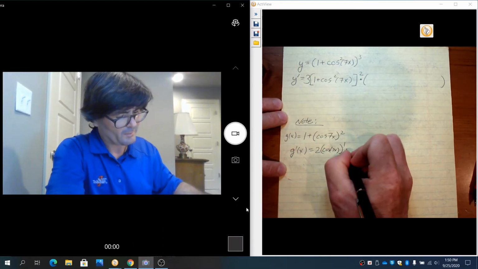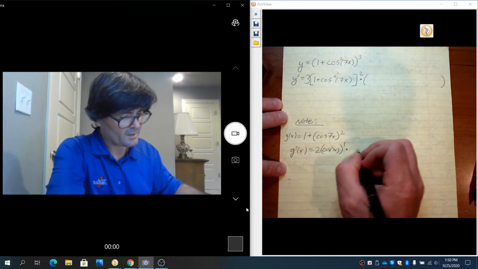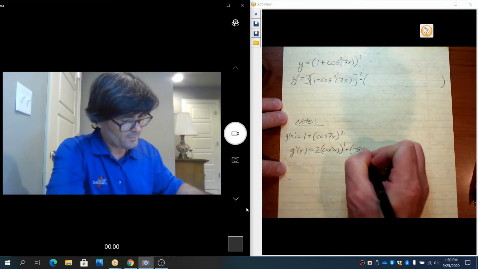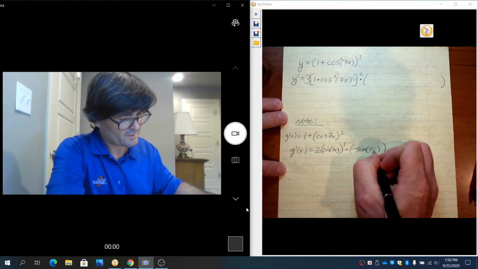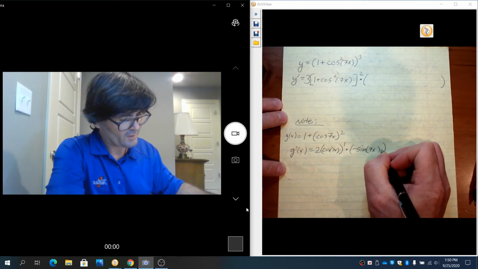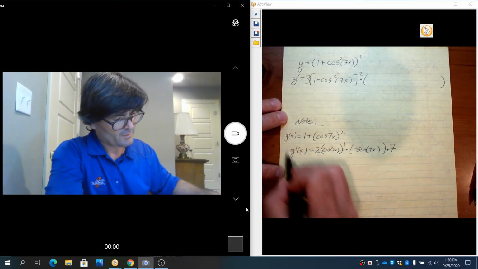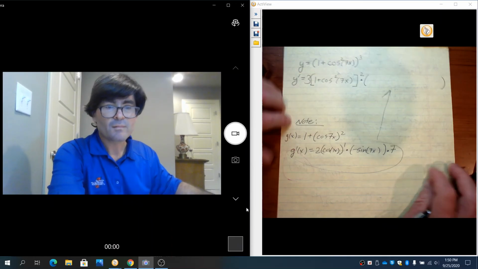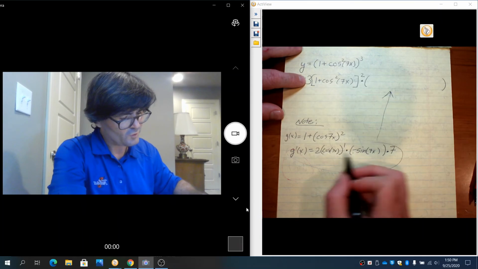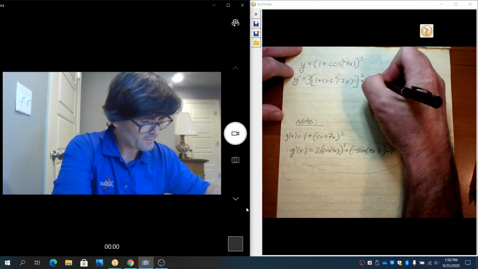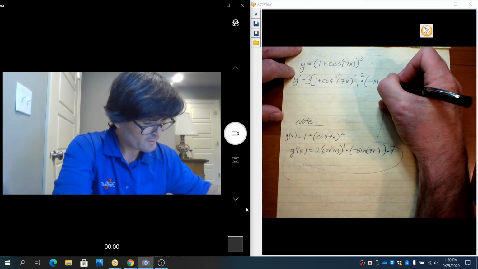And then multiply by the derivative of cosine 7x. The derivative of cosine is negative sine. The inside part is 7x. Recopy that. And then finally just multiply that by the derivative of 7x, which is 7. So this all is what goes up there. You can see we have 3 different chain rules. Negative 2 and 7 make negative 14 times cosine 7x sine 7x.